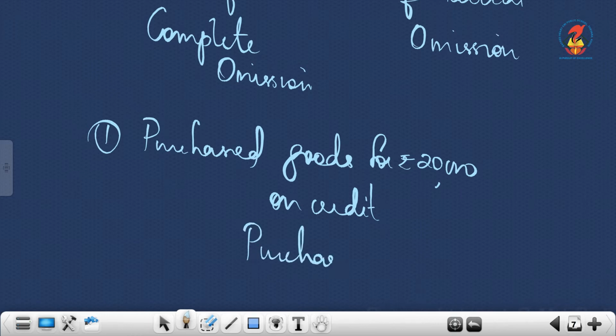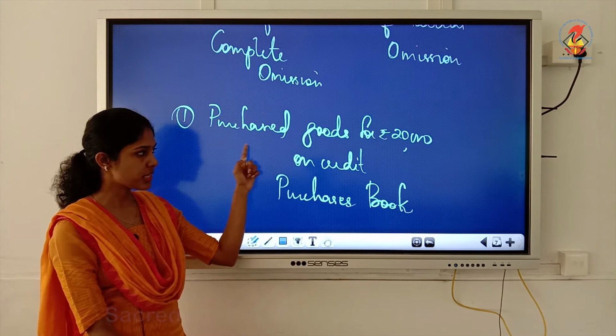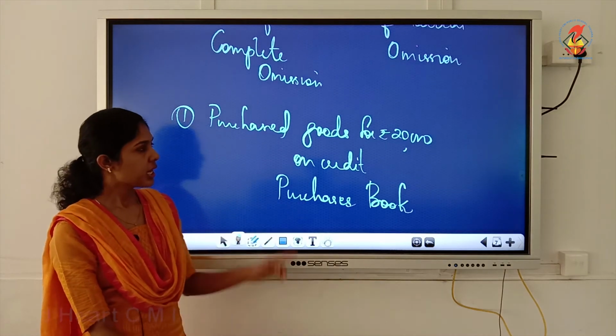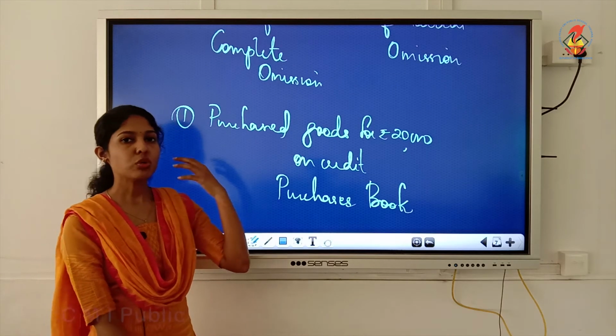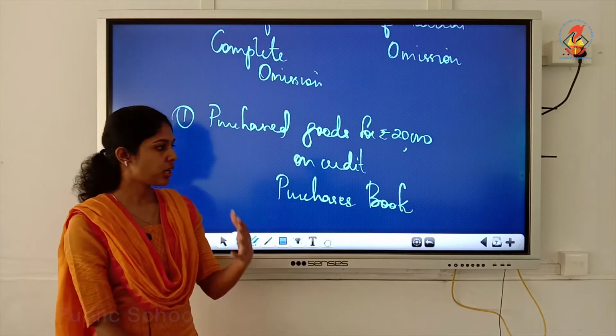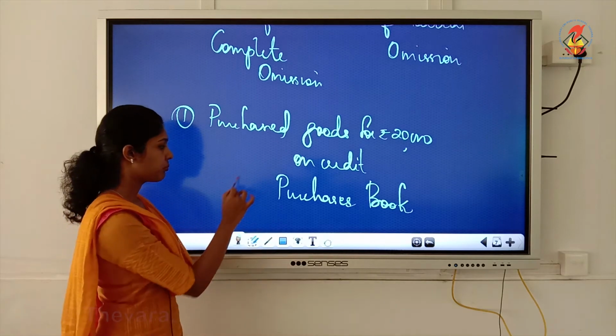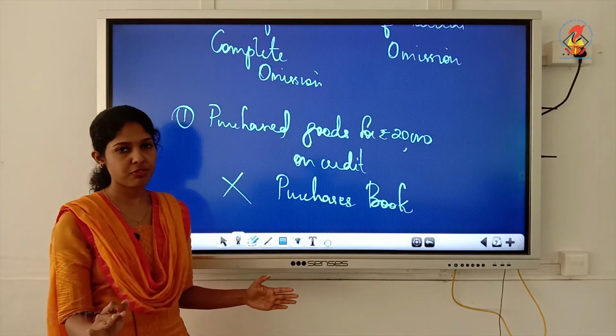This will be first recorded in purchases book. We have learnt this subsidiary book to record the credit purchases. So, this will be recorded in purchases book. Okay. But suppose you forgot or you didn't record this transaction in purchases book, completely omitted from the books.